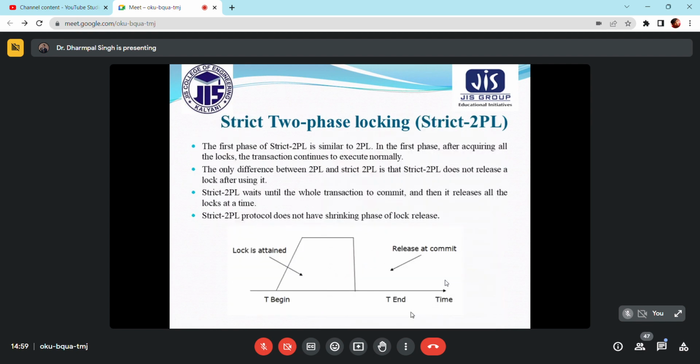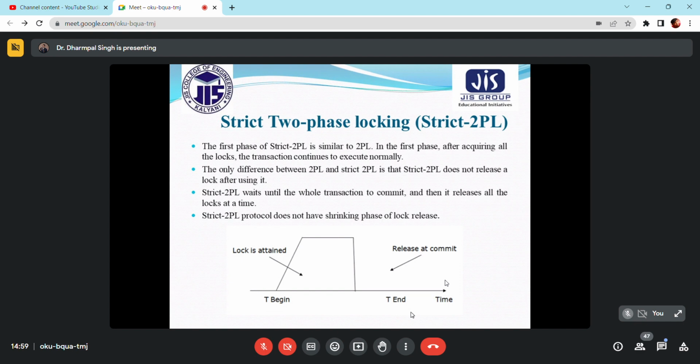The protocols are of different types, because when I follow the concept of the two-phase locking protocol, there is a chance of deadlock. So that is the reason we can follow the idea of the strict two-phase locking protocol. The first phase of strict two-phase locking is similar to 2PL, meaning I can only acquire all the locks, and the transaction continues to execute normally.